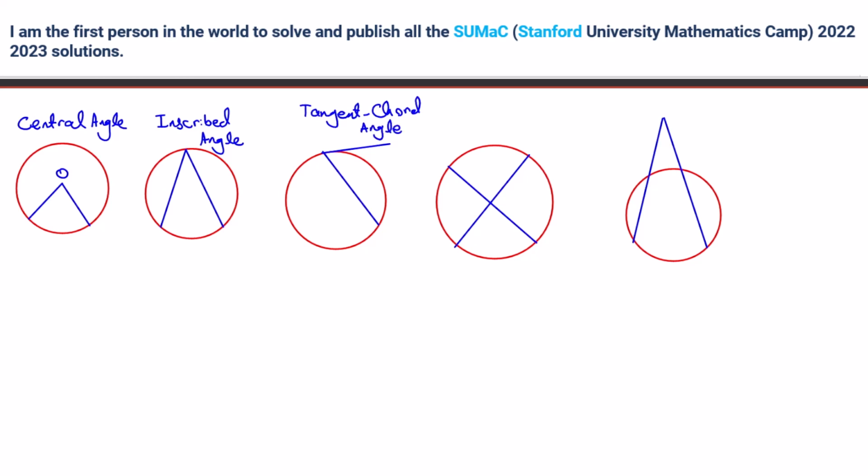It's useful in BMO, JMO, SUMaC, all of them. Interior or internal angle. Who's BMO? In BMO, they are used. British Mathematical Olympiad. Yes, BMO 1, BMO 2. In all Olympiad exams, these 5 are so much used.